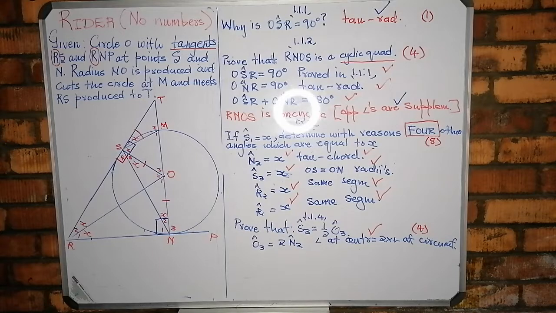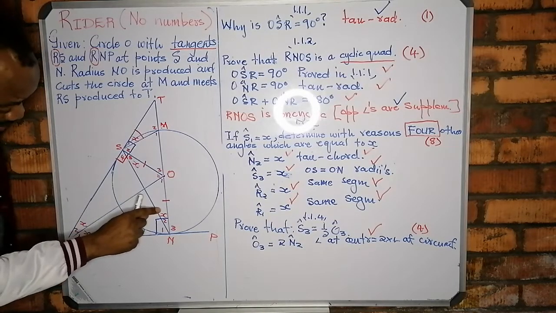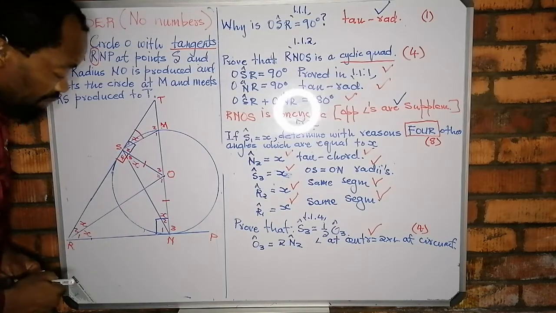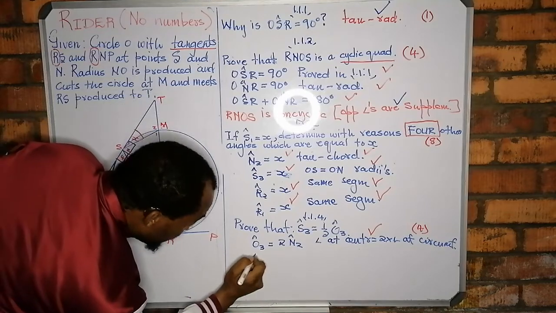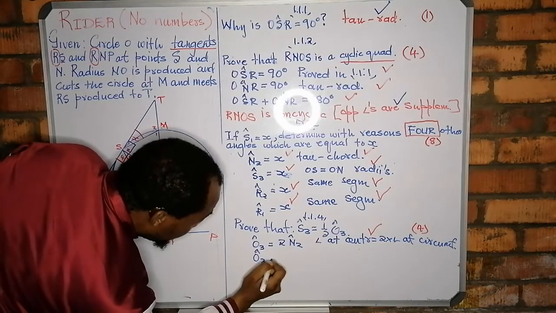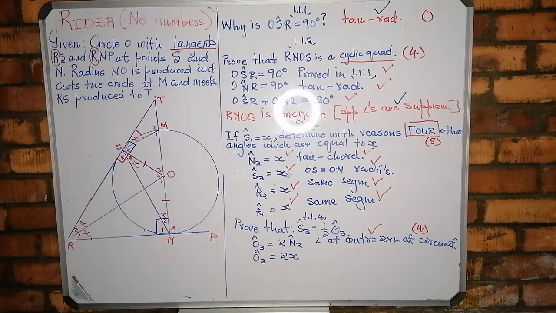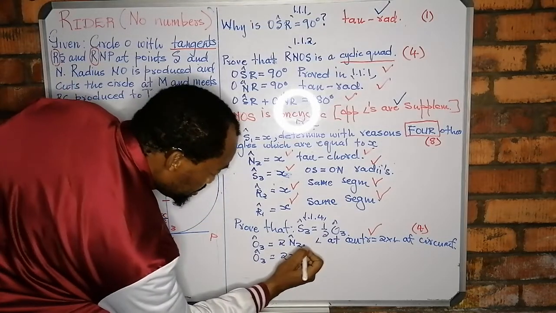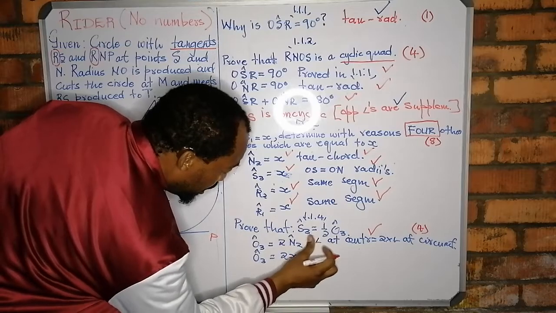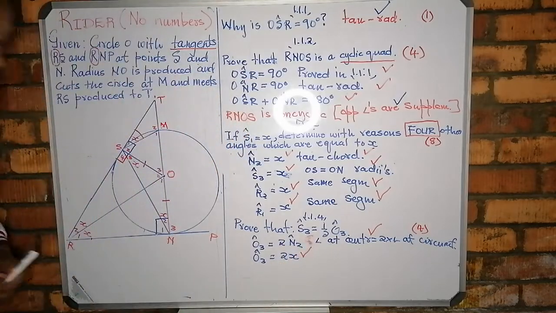And it is 4 marks. Now, remember that this angle is equals to x. Now, I would say angle O3 is equals to 2 times x. Let me get a mark there.